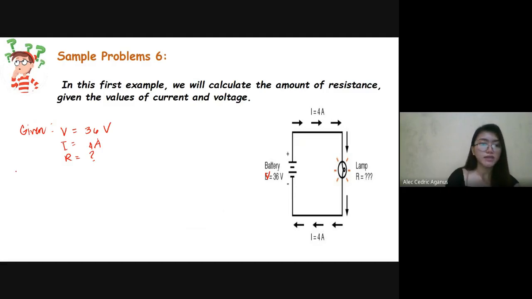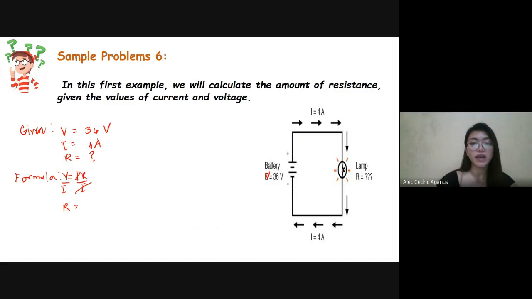So formula. We have the original formula that is V = IR, but since R is missing, divide both sides by I, and then cancel current to current. Now we have R is equal to V over I. So substitute the given values.